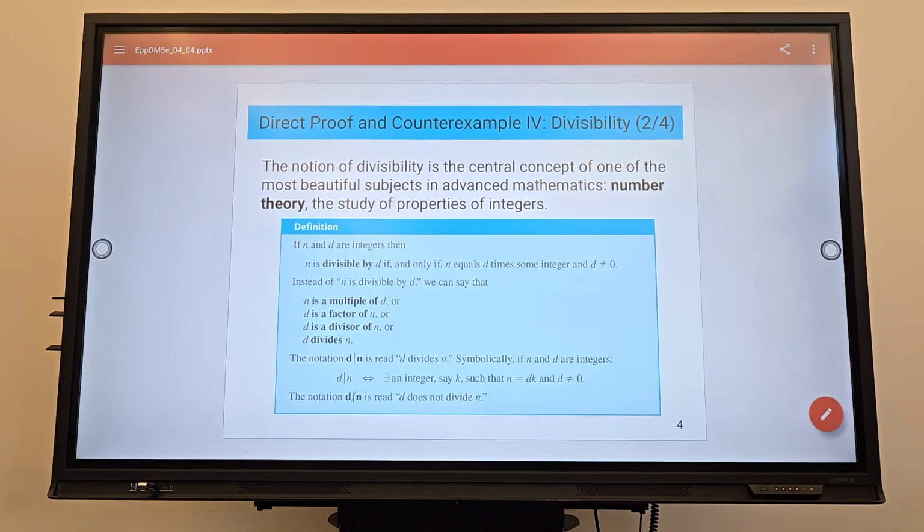Symbolically, that means d divides n if and only if there exists an integer k such that n equals d times k and d does not equal 0. The vertical line with a slash through it is read d does not divide n.